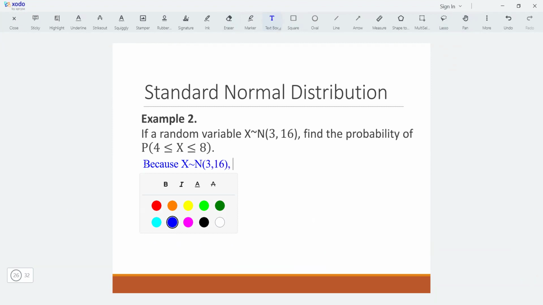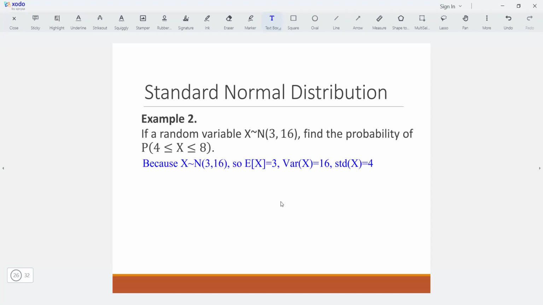So based on this, we know the mean of X, E[X], equals 3, and the variance of our random variable equals 16. We will know the standard deviation is the square root of the variance, which is the square root of 16. So we already find that mu, or the mean, is 3, and the standard deviation sigma is 4.